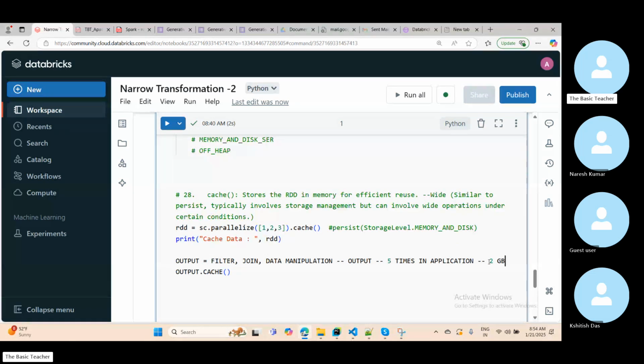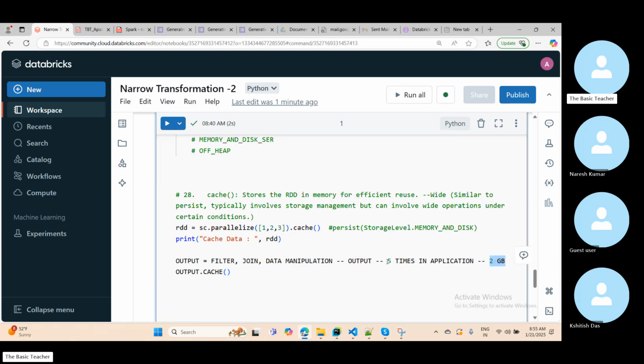Because until Spark completes, or the application is getting killed, meaning when the application is completed, all the JVMs will be cleaned up, right? So by that time, this intermediate data will be available, which is not needed. Why are you occupying this 2 GB of memory?